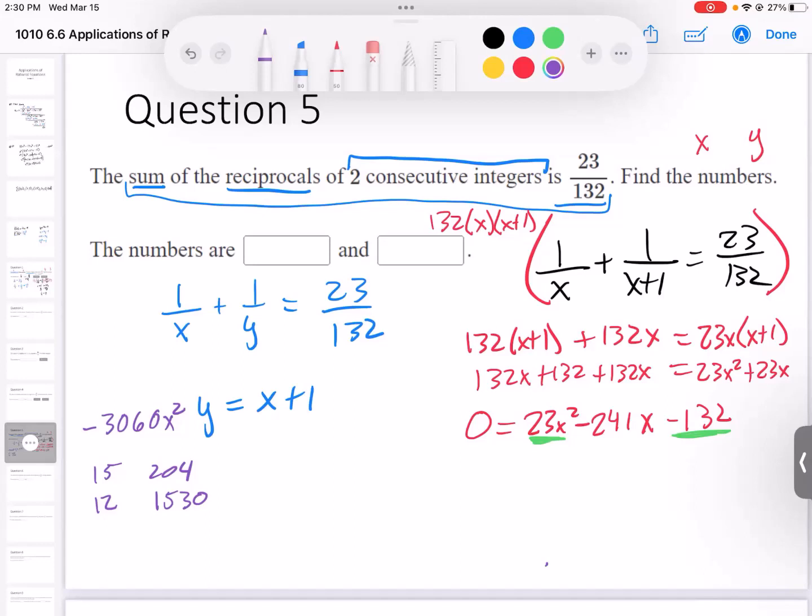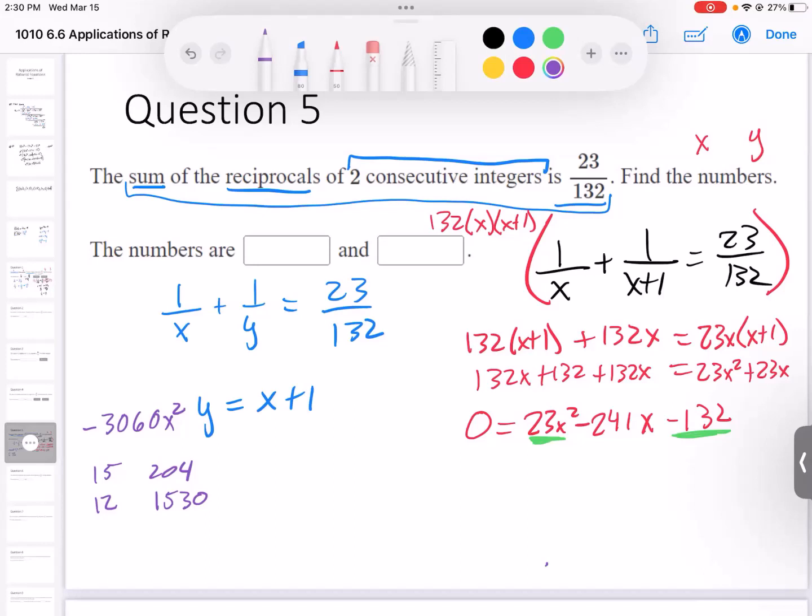I feel like our answer should be between those two though. Wait, when you divide it by 12, is it not 204, but 1020? So we're looking for something that adds to 241. So these two factors are close to 241.